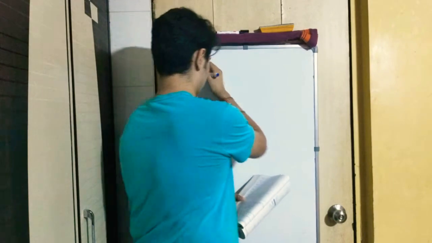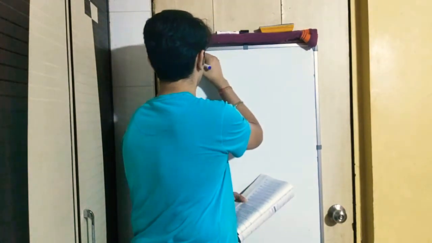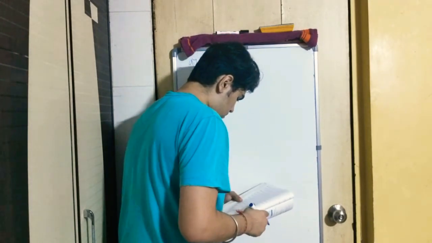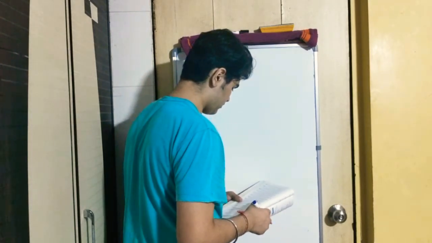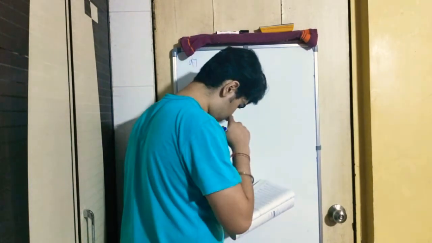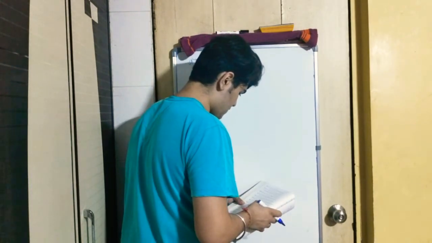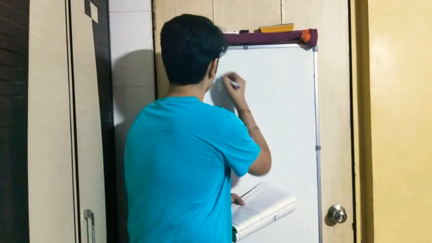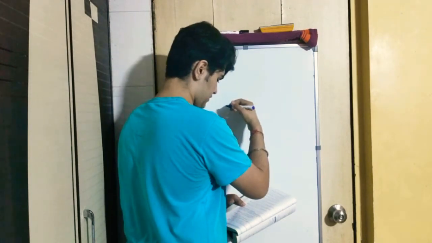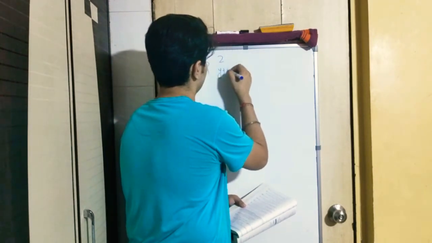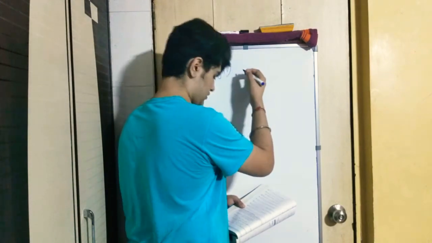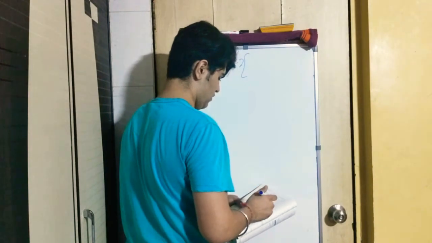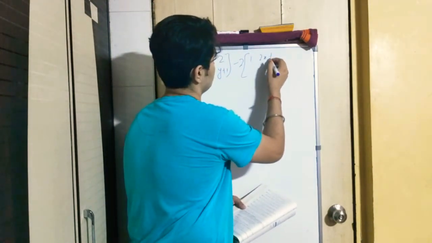So first, now we go to the ninth sum. We have here 5 times the matrix with 2, minus 1, y, plus 1, minus 2 into the matrix with 1, 2x minus 1.